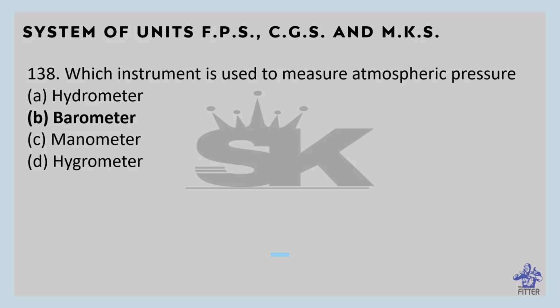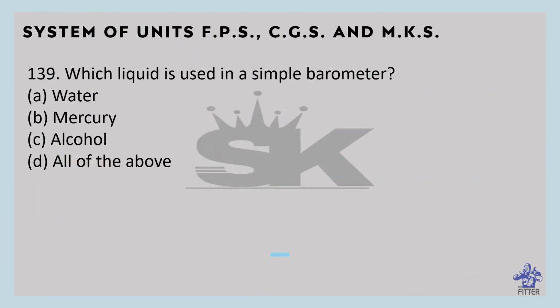Here manometer is used to measure pressure of fluid flowing in the pipe. Which liquid is used in simple barometer? That is mercury.